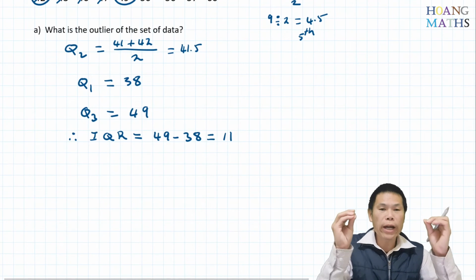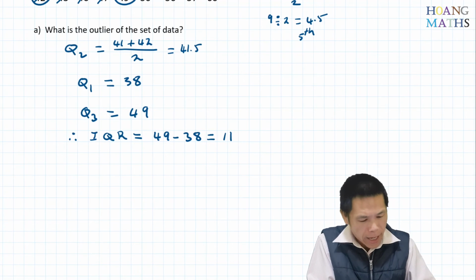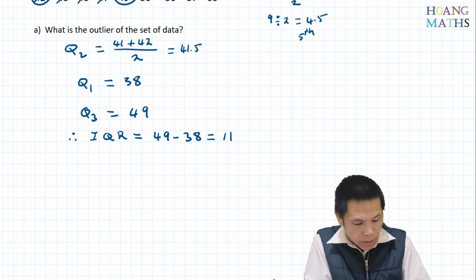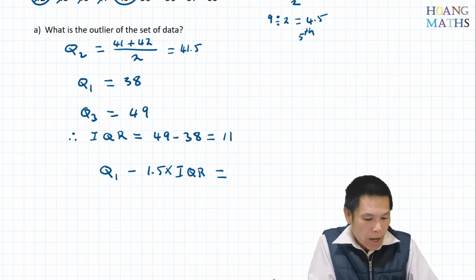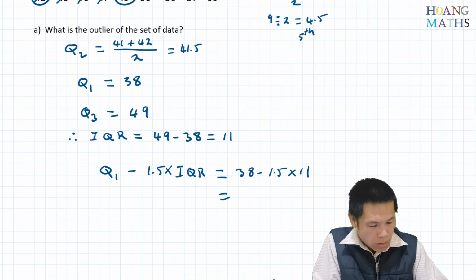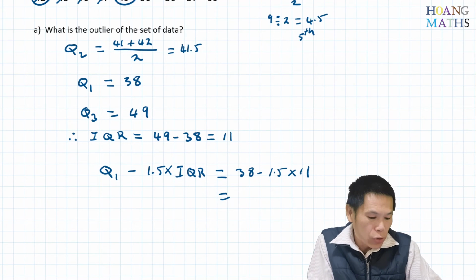Now we just need to work out the upper and lower fence. So Q1 minus 1.5 times the interquartile range. Q1 is 38 minus 1.5 times 11. If you put that in your calculator, you should get 21.5.